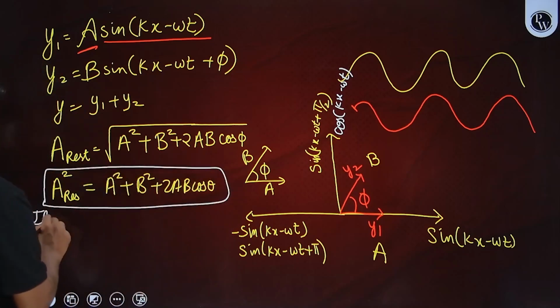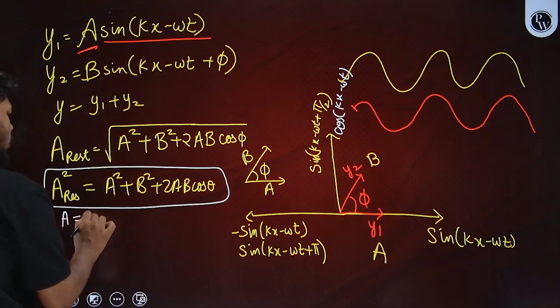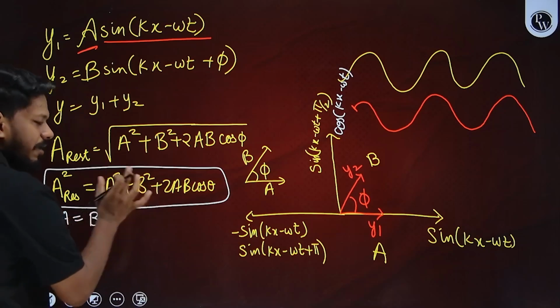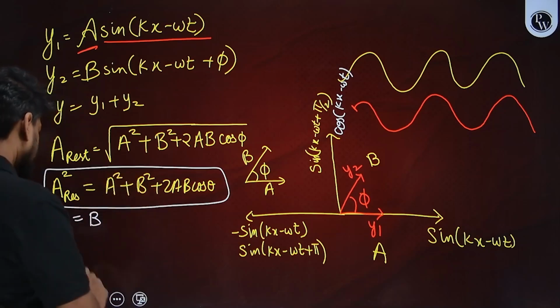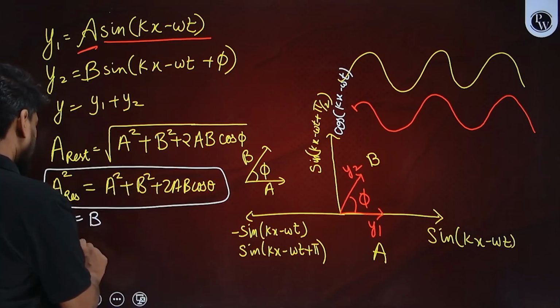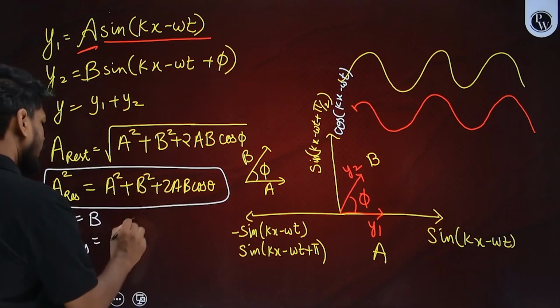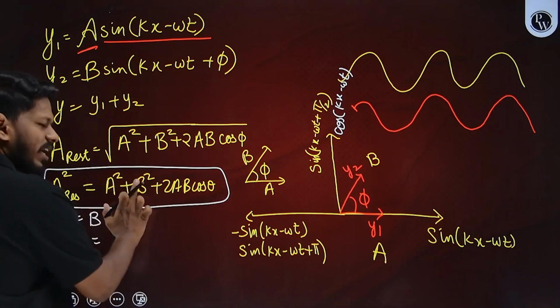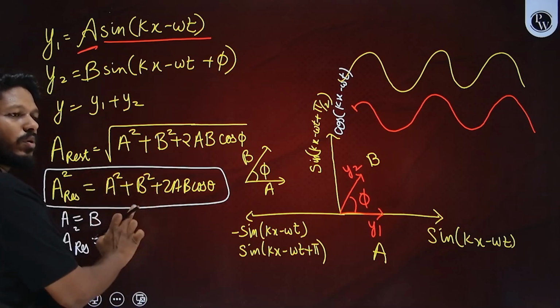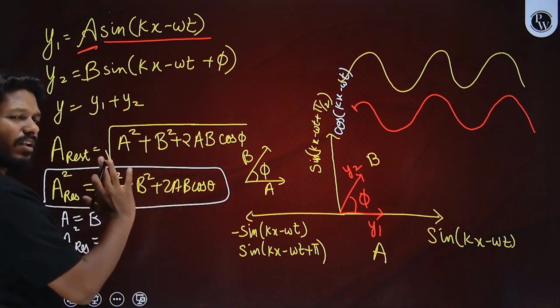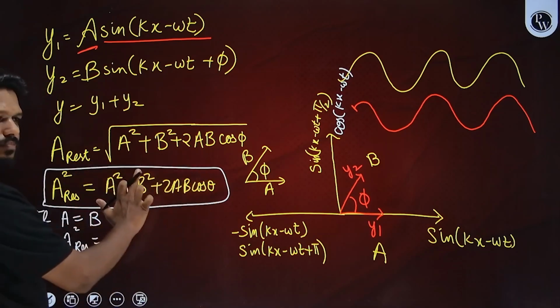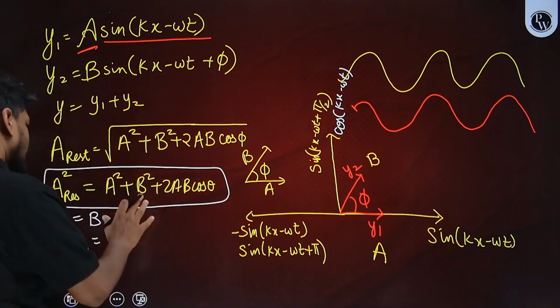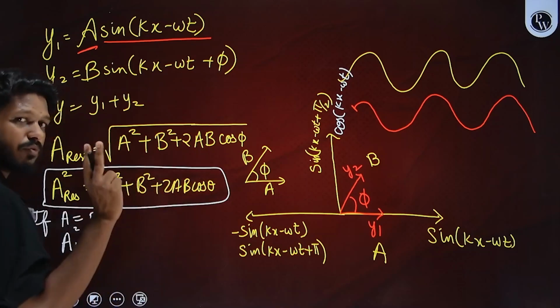If A is equal to B, if I put A and B as equal, what will I get? Resultant will be A square plus A square, because B is equal to A. Generally, if A and B are not the same, use this formula. If A and B are equal, then A square plus A square will give 2A square.